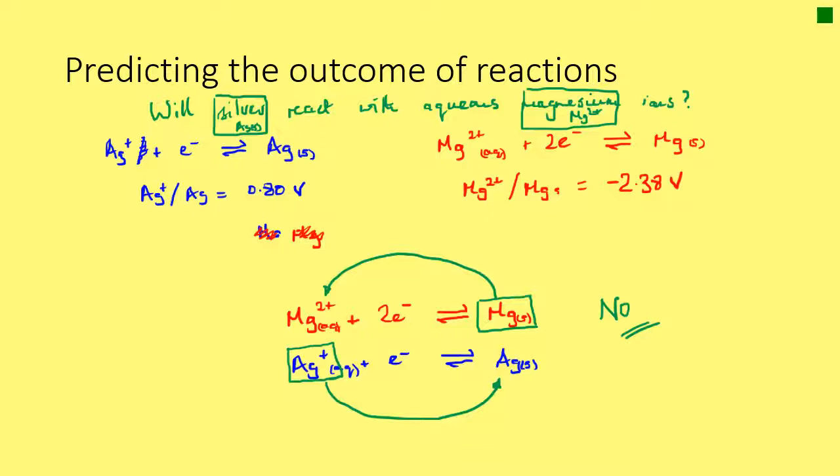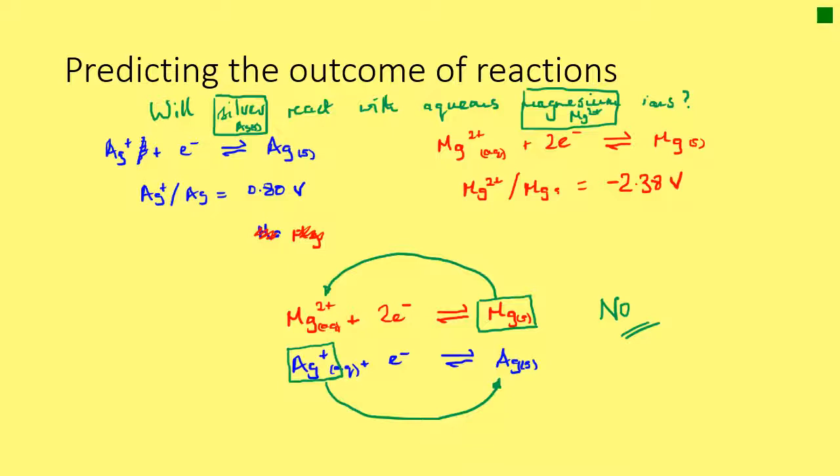Okay, so now we have to write on anti-clockwise arrows. So we go from the product in the top reaction to the reactant in the top reaction. That's in the anti-clockwise direction. And we do the same for the bottom reaction, the opposite actually: we go from the reactant to the product.